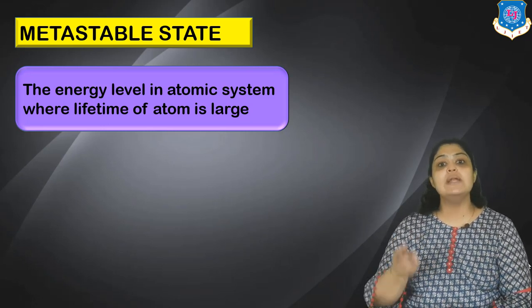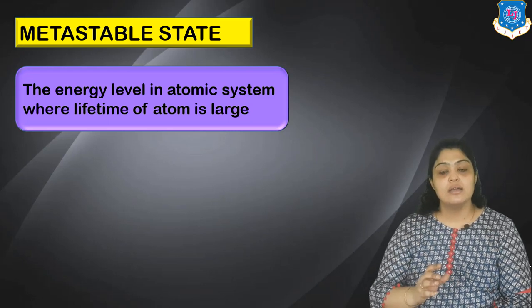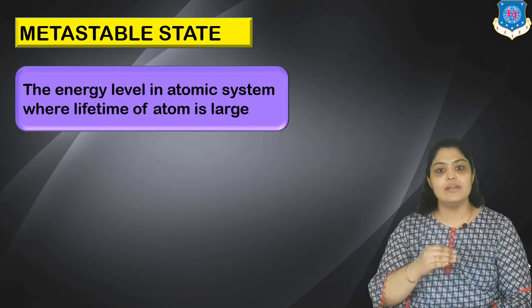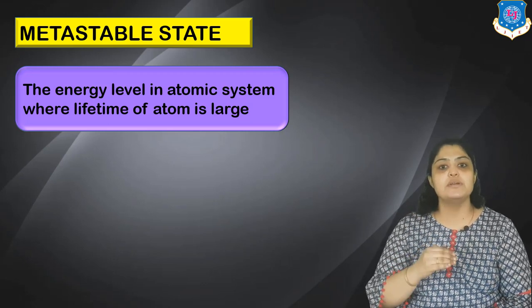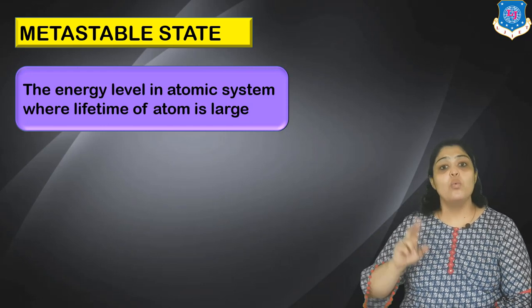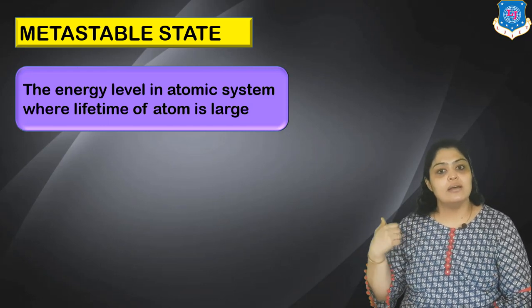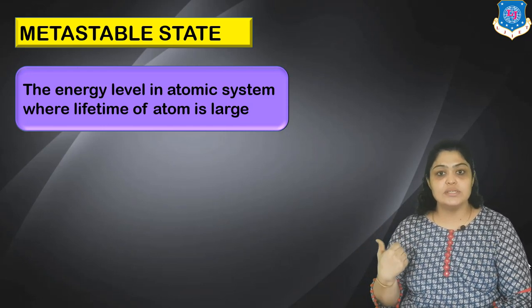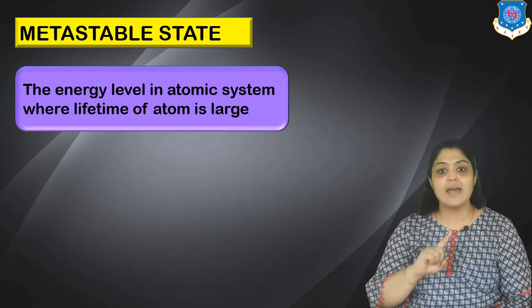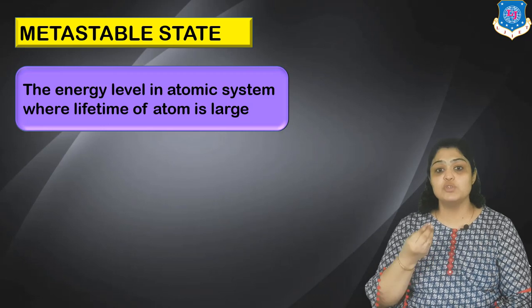So for stimulated emission to occur, your atom should be at a comparatively stable level, which is below 100% energy level. This is known as the metastable state. Why do I say that stimulated emission occurs at this state? Because first of all, it is not having 100% energy, so it can absorb more.